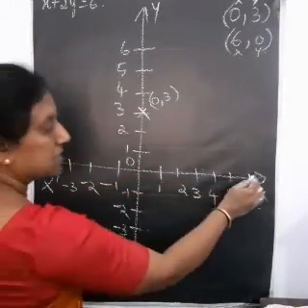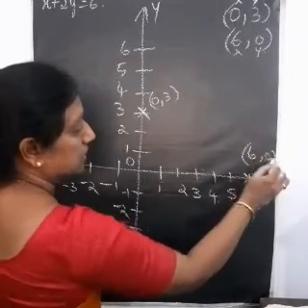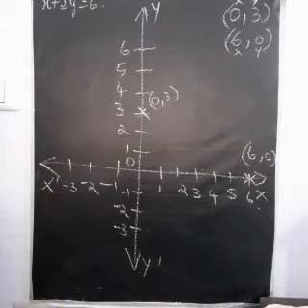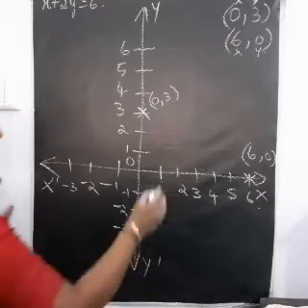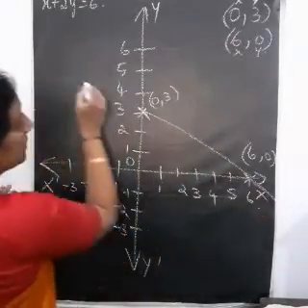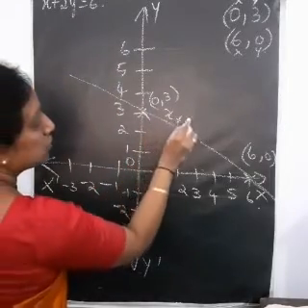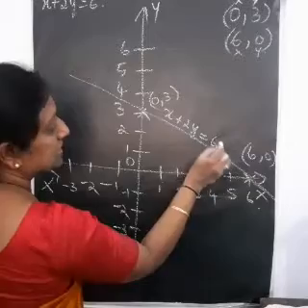So 6, 0 will be marked here. Now we have got both the points on the Cartesian plane. If I join them, I'll get the line which is representing this equation x plus 2y equal to 6.